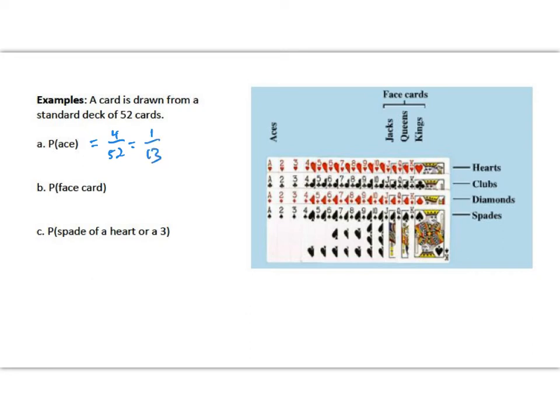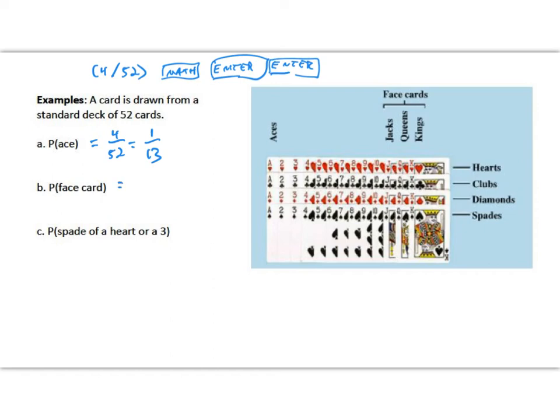If you forget how to do this, don't forget you can type it into your calculator as 4 divided by 52 and then hit the math button and then hit enter twice. And that should give you a reduced fraction. So on your TI-84, math and then enter after you punch in your fraction. That'll give you a reduced fraction, save you a little bit of time there.